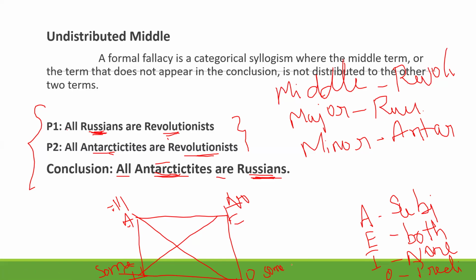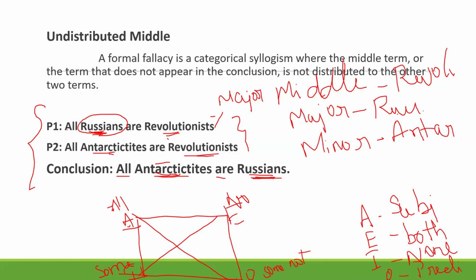So all Russians are revolutionists. This is called A type, which means the subject has to be distributed. So Russians are distributed. Russian is the major term, so in this line the major term is distributed.